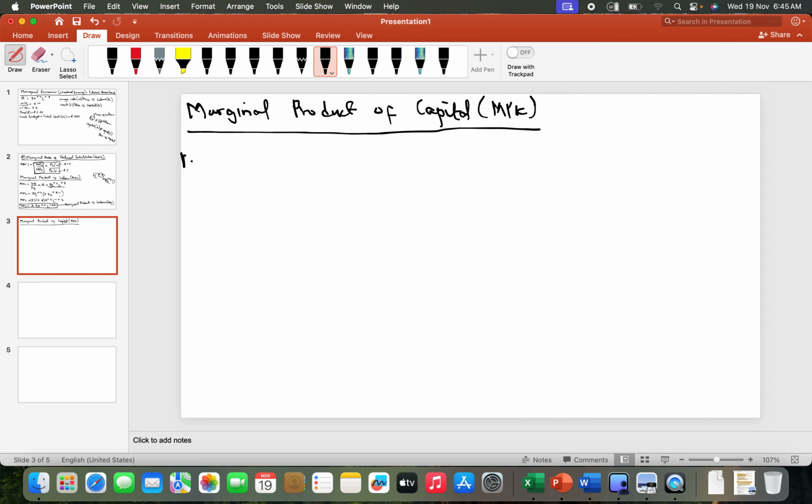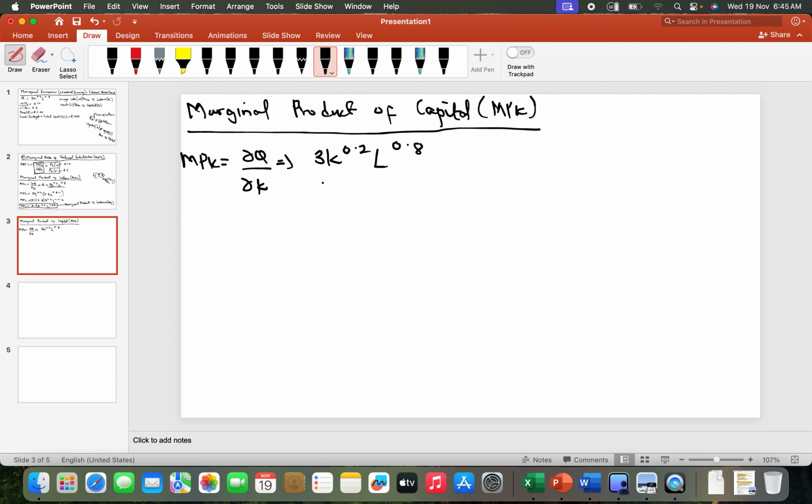So with the marginal product of capital, I'll find the derivative of the output function with respect to capital. So I'll repeat my output function. It was given to us as 3K exponent 0.2, L exponent 0.8.